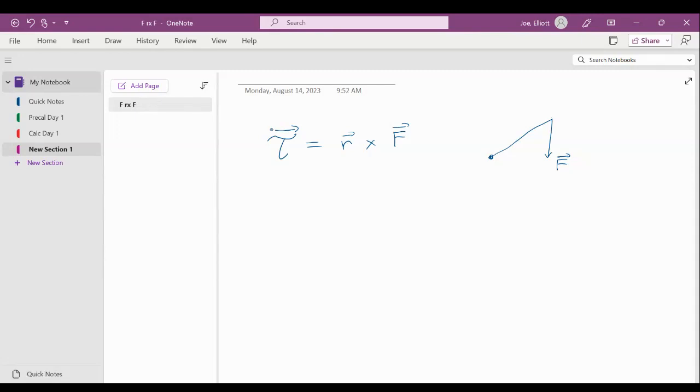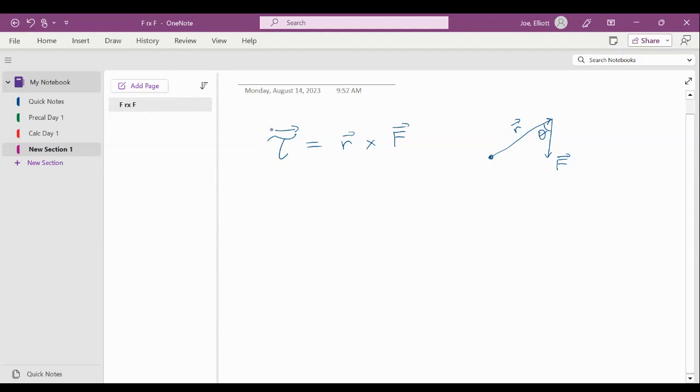You want to know the effect on its rotation. So here is the point at which it is being rotated, like a seesaw, for instance, and this is the angle between them.